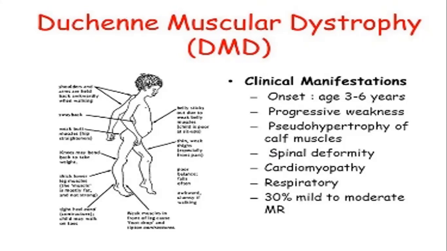Limb-girdle muscular dystrophies of various types are associated with mutations of genes coding for the sarcoglycans or other components of the dystrophin glycoprotein complex.